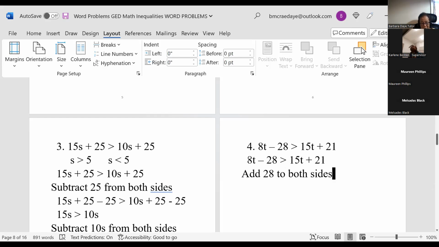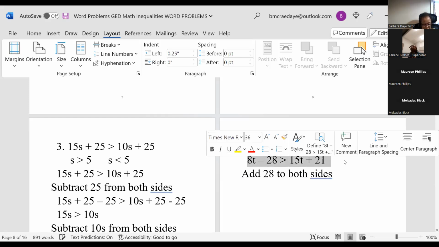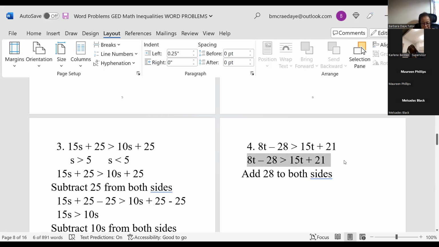Let's just copy this and add the 28. Okay, so let's just add the 28, and add the 28 on the right.